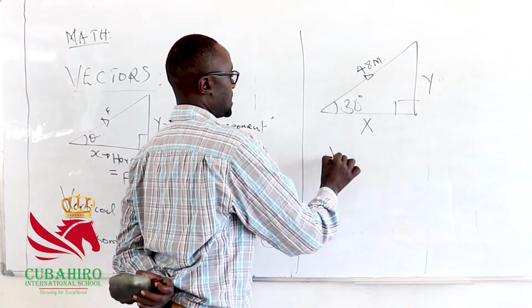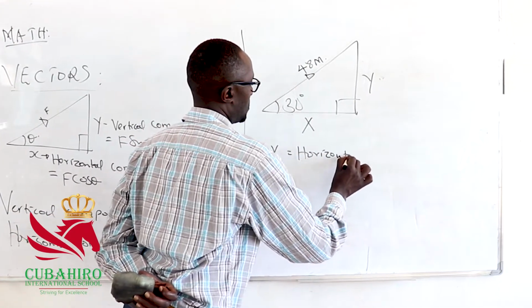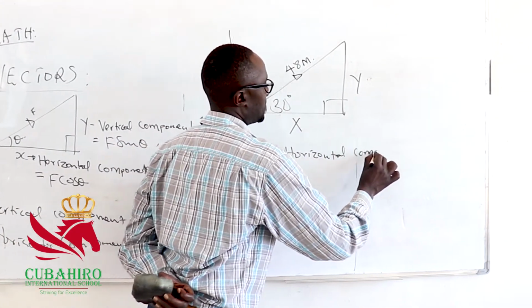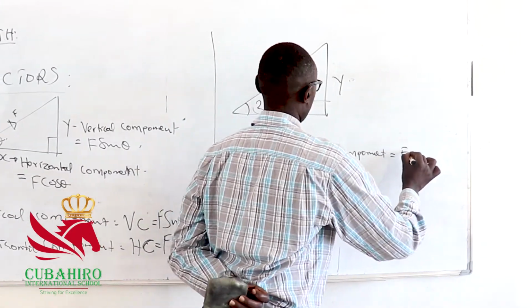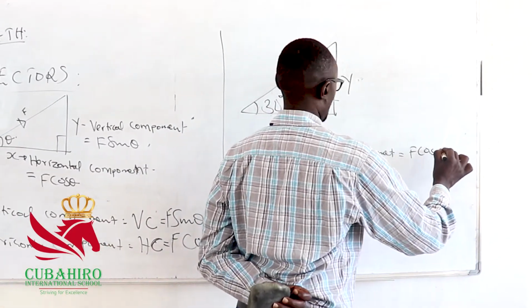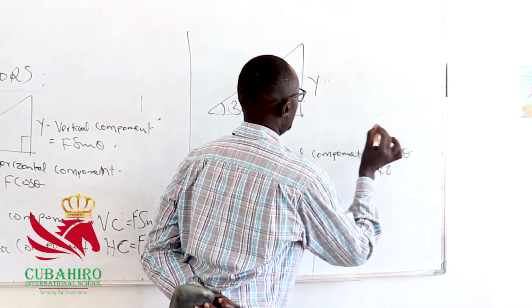Then you can say x is what we call the horizontal component, which is equal to F cosine theta, with F being 48 in this case.